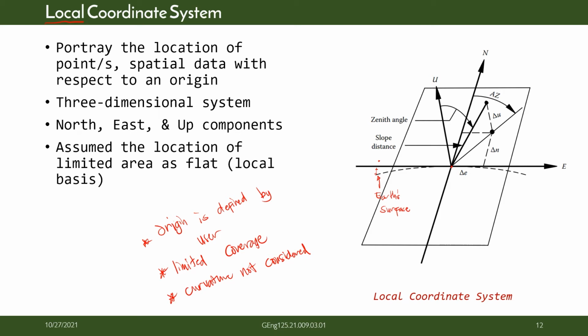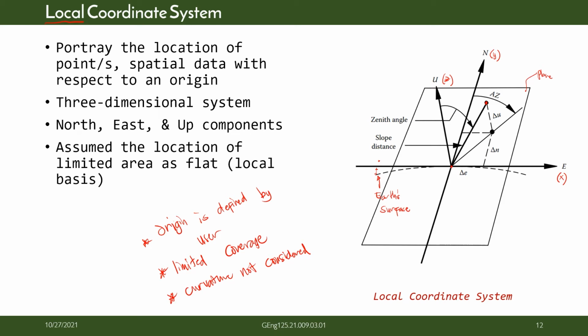Okay, so it's still a three-dimensional system, as shown here. Usually eastings is x, northings is y, and up is z. To make it simpler, for example, this is your region, this is your point, which is somehow above this plane.